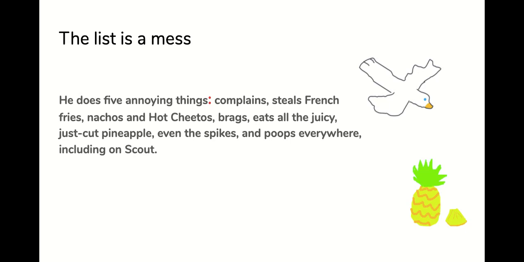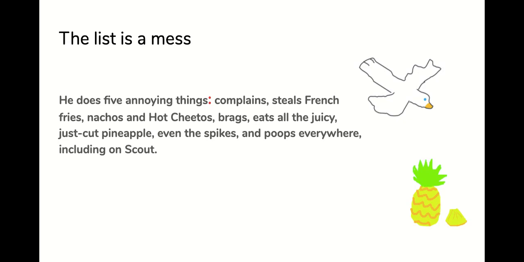So the commas alone aren't enough to help us understand all the different 5 things that this annoying seagull does. We need to borrow some semicolons to put in between those 5 things, or at the end of each of those 5 things, to help the reader understand what the 5 things actually are. So they're not all jumbled together just with commas.